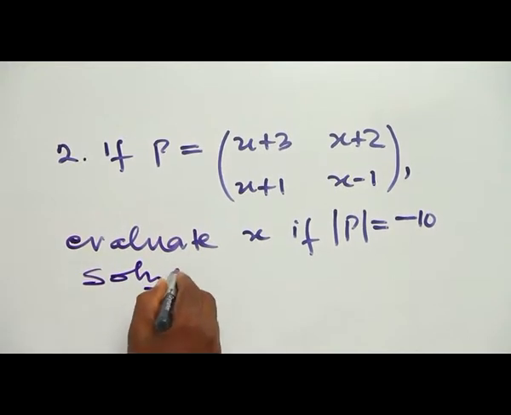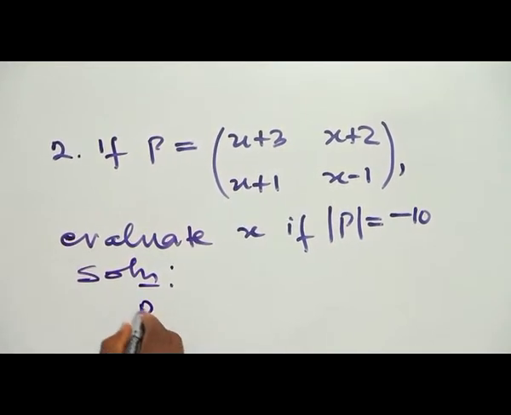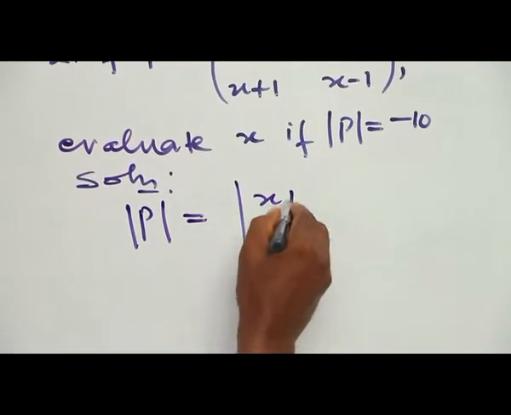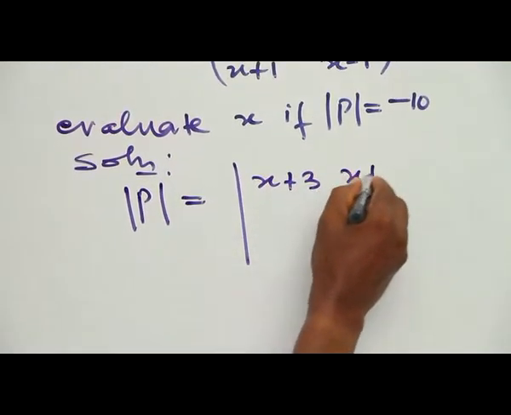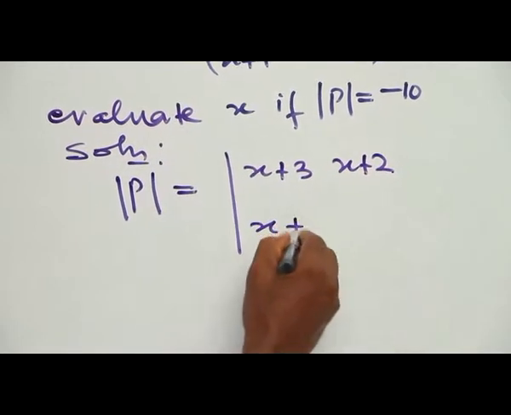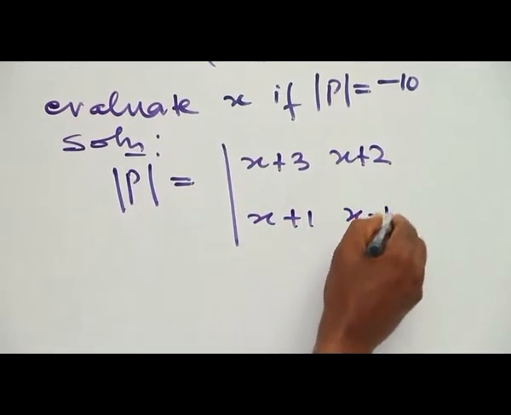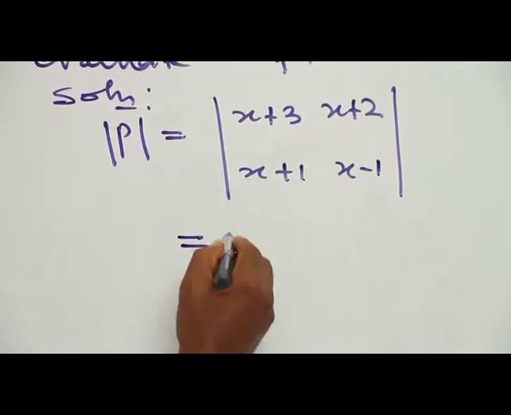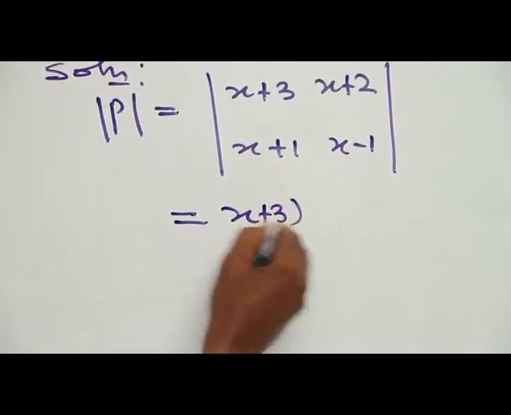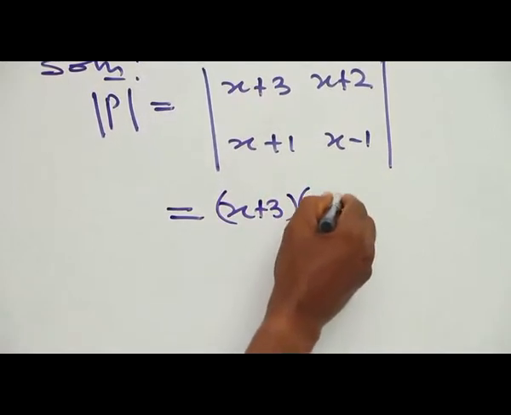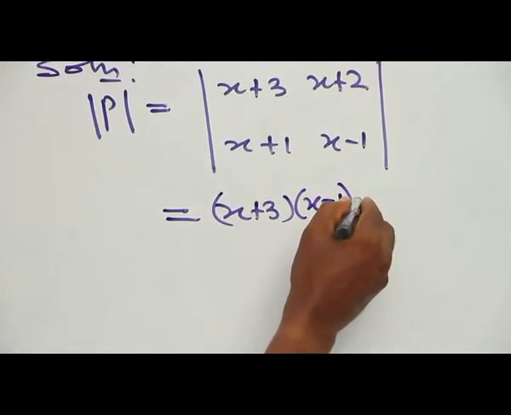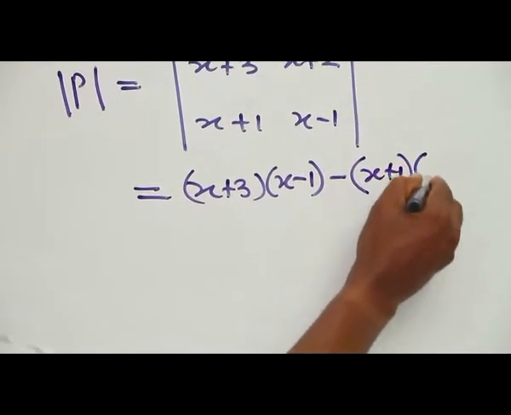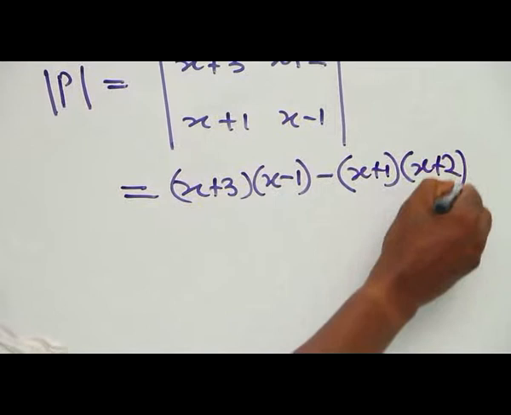Solution: your determinant of P will be equal to, and this becomes, multiplying S plus 3, S minus 1, minus S plus 1, S plus 2.